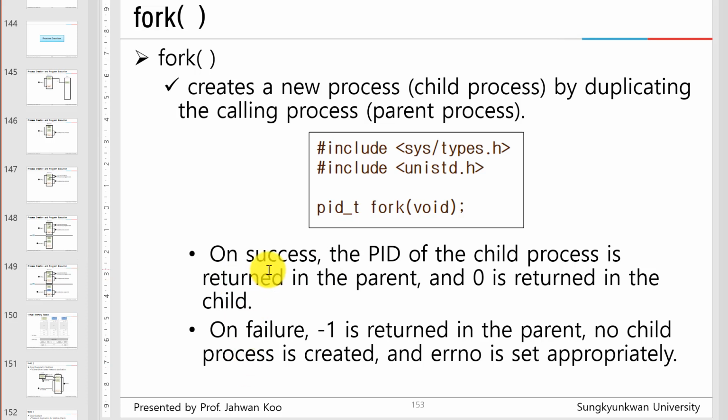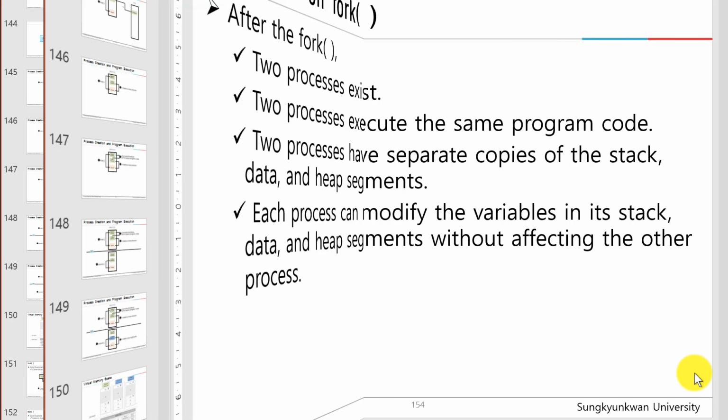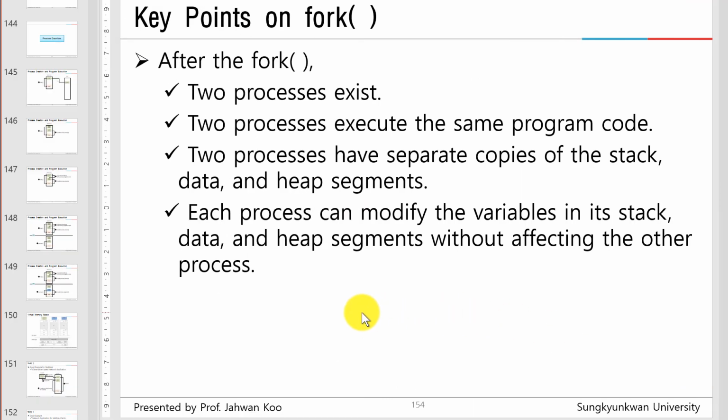On success, the PID of the child process is returned in the parent and 0 is returned in the child. On failure, -1 is returned in the parent, no child process is created, and errno is set properly. There are key points you have to know when you are using the fork system call.